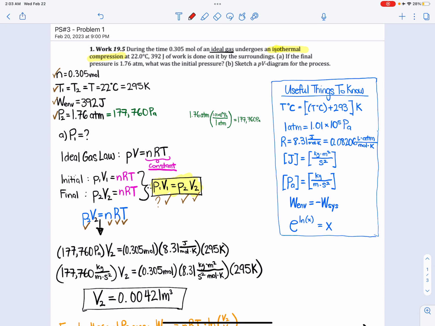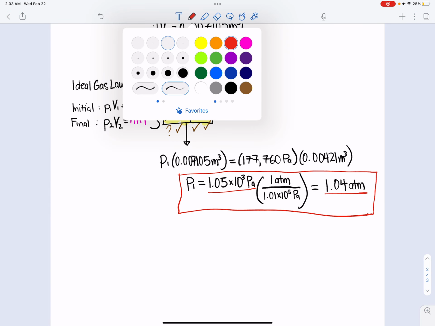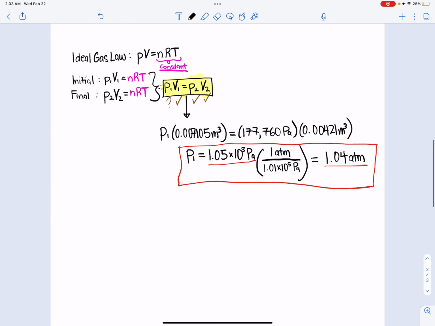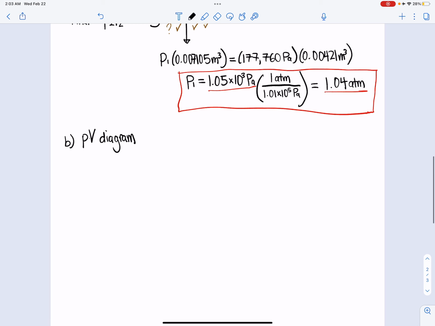All right, so let's sketch a PV diagram for the process. Okay, so for part B, PV diagram. All right. So this is volume, this is pressure, axes.